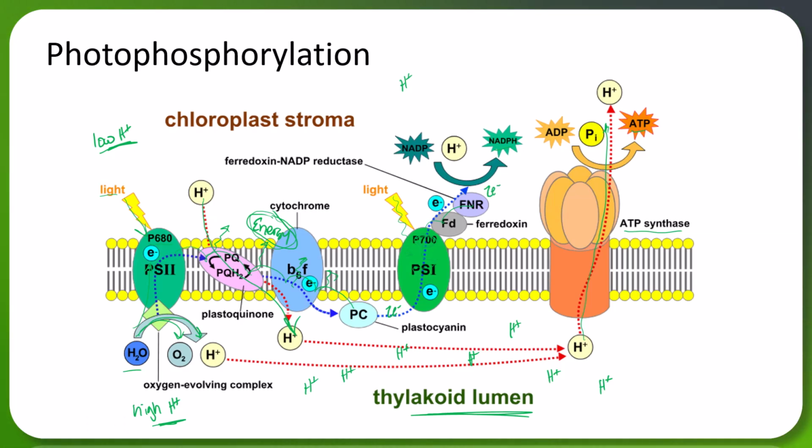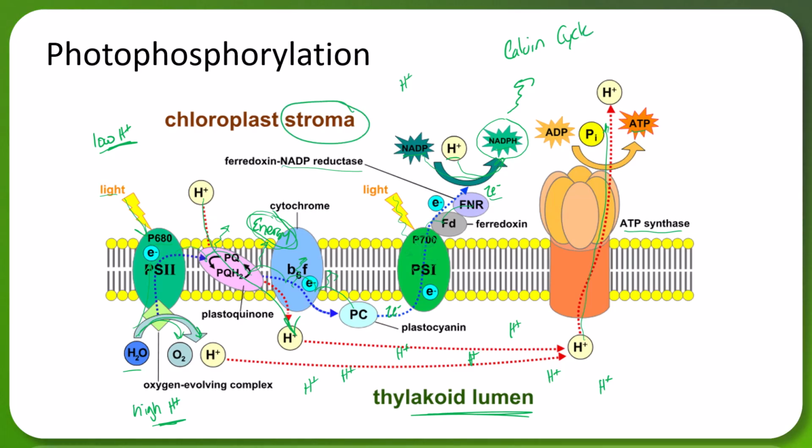Once those electrons end their second smaller electron transport chain, they end up at that NADP reductase enzyme, which has one job. Remember, it takes NADP, H plus ions, and electrons, and it adds them all together to produce one reduced NADP molecule, which is NADPH, and that NADPH is off to the Calvin cycle, which, remember, happens in the stroma.